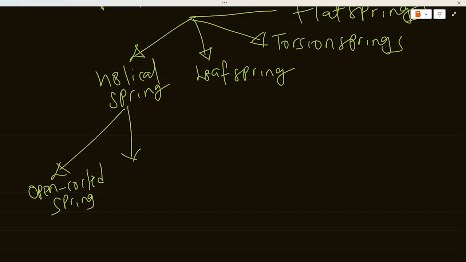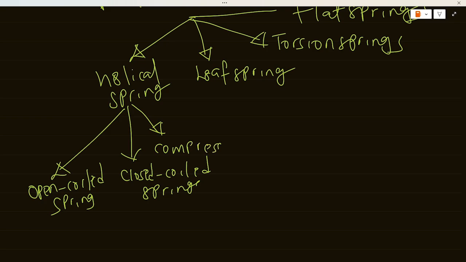We have closed-coiled springs. We have the compression springs, and we have tension springs.